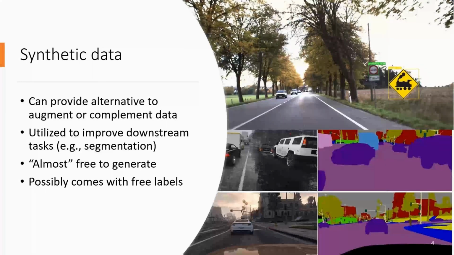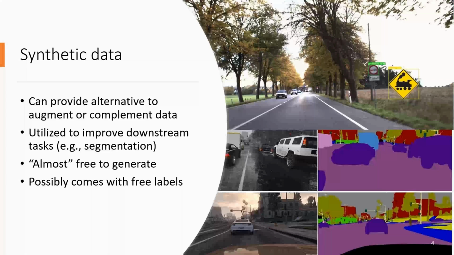Synthetic data can provide an alternative for training data, where you can add, for example, a flying sign here, or the train sign over there, and then you can train neural networks to see signs on the road. As you can see, this is not realistic at all, but it's a possible thing, at least for neural networks. So it can be utilized to improve downstream tasks such as segmentation.